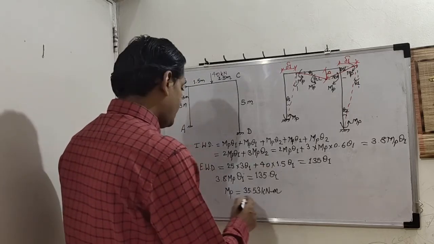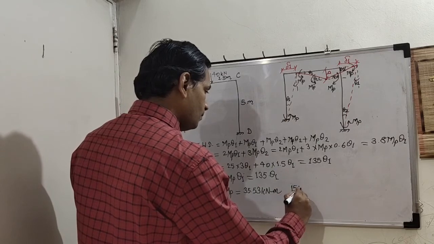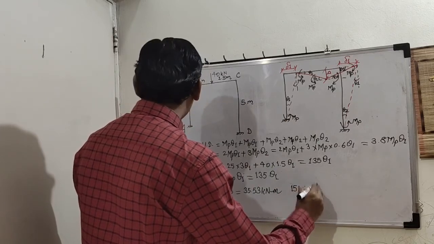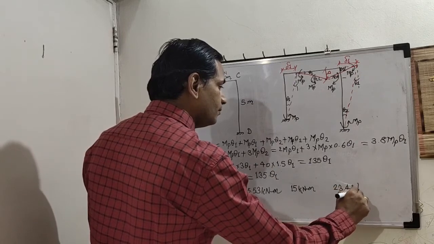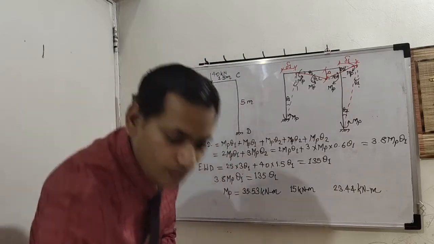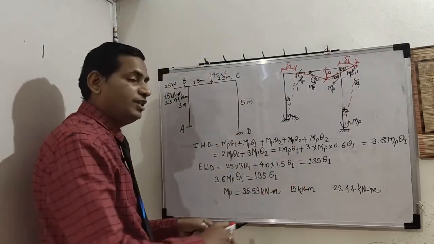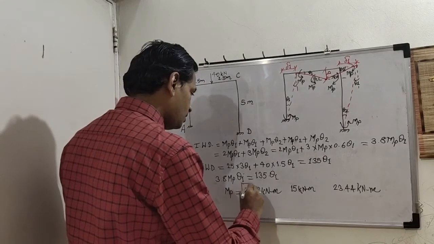So our third answer is this. Our first answer was 15. Second answer 23.44. So which is correct? Highest of the three. Okay, highest of the three is correct answer.